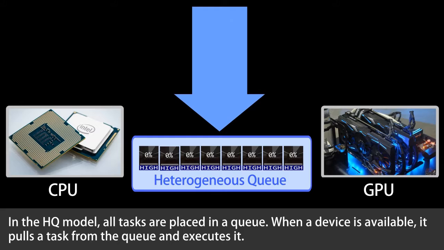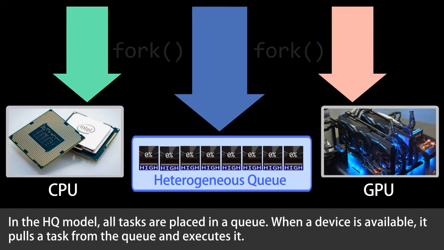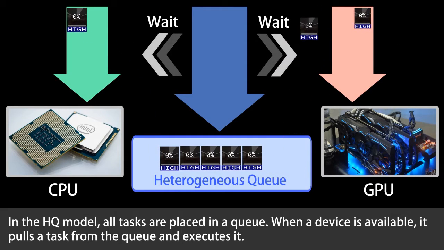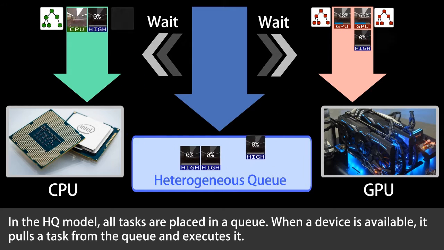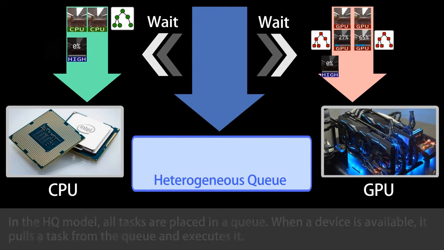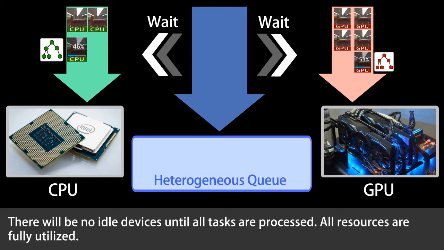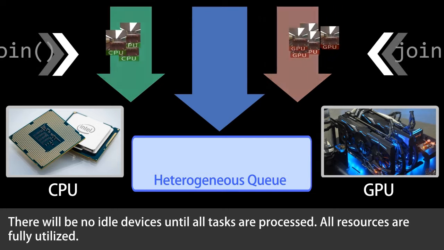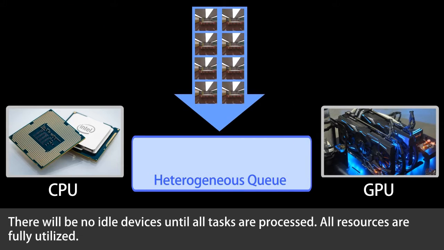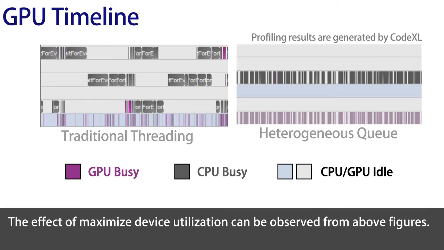In the heterogeneous queue model, all tasks are placed in a queue. When a device is available, it pulls a task from the queue and executes it. There will be no idle devices until all tasks are processed. All resources are fully utilized. The effect of maximized device utilization can be observed from the figures above.